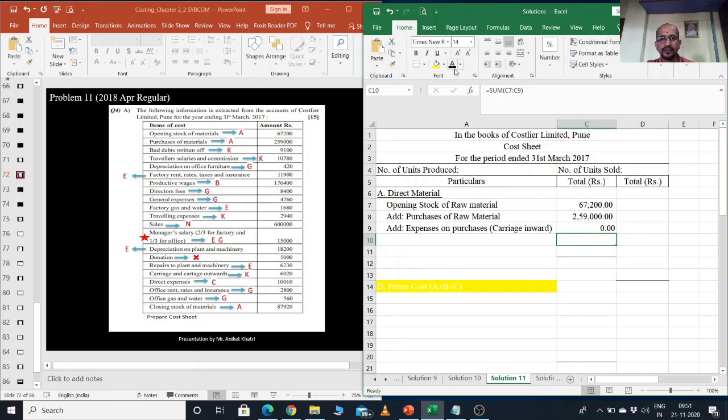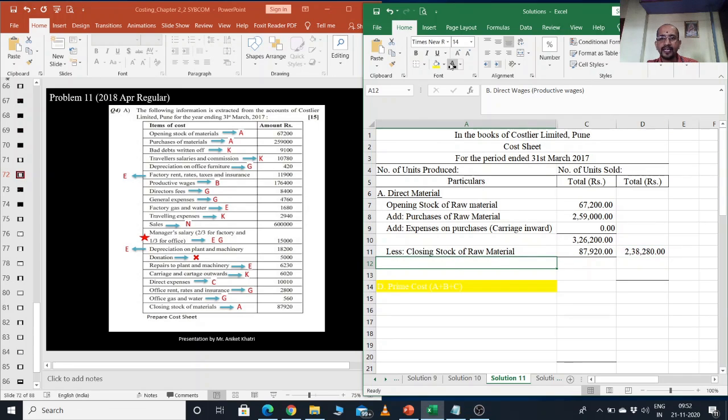Do the total. It is 3,26,200. From that you need to minus the closing stock. It is the last item, 87,920. Finally do the calculation and you will get the amount of direct material consumed.